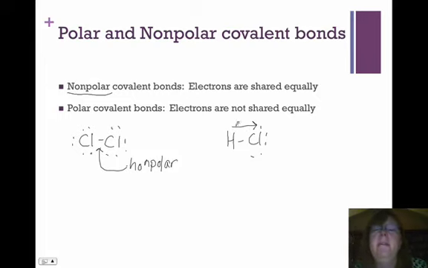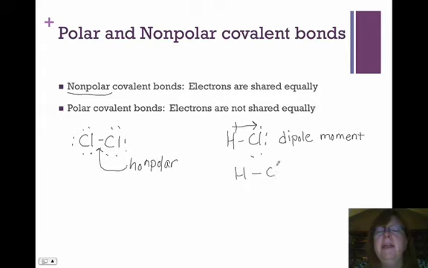That gives the hydrogen a slightly positive charge. That's called a dipole moment, when we have a separation of charge due to electronegativity differences. And there are actually values for these. The way that we have been showing it in class, we have talked about the chlorine having a partial negative charge.